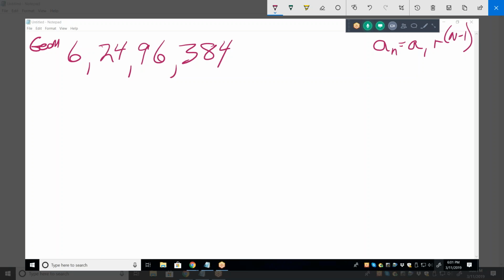And for it to be a geometric sequence, it has to be some multiple. It doesn't have to be a multiple of 4. In fact, maybe the correct answer is it's a geometric sequence because every term is a constant multiplier of the previous term. Right.